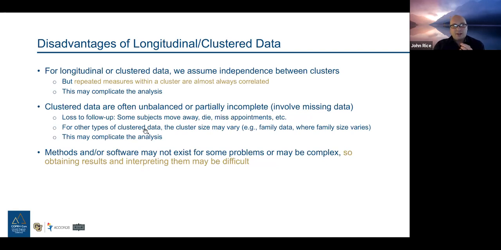And in some types of cluster data, the cluster sizes may vary, and this occurs with families with varying family size. If hospitals are your unit of randomization, they obviously will have different numbers of patients, and that can cause complications with some of the older, more basic methods of analysis.